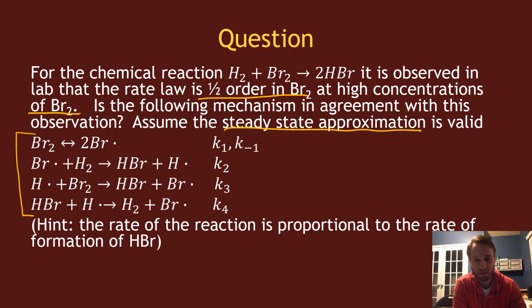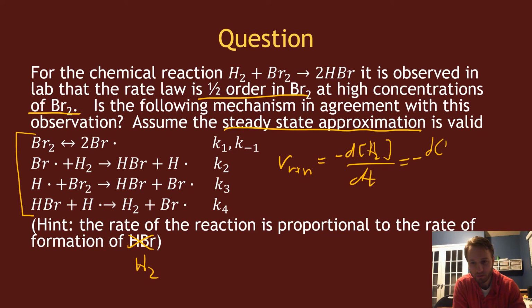Now the hint here says the rate of the reaction is related to the formation of HBr. While that's true, I'm going to do an example here with H2. The rate of the reaction is equal to minus d[H2]/dt, which is minus d[Br2]/dt, and 1/2 d[HBr]/dt.